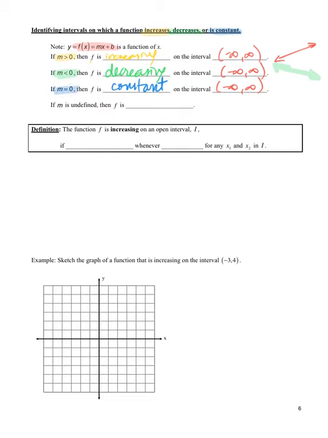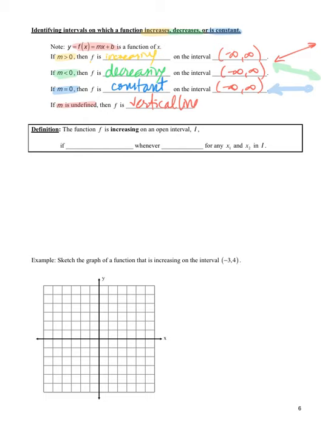So what type of line is that? A horizontal line. If the slope is undefined, then what type of function is it? Well, it's not a function. Why? Because it's just a vertical line, right? Vertical lines have undefined slope, infinite slope.